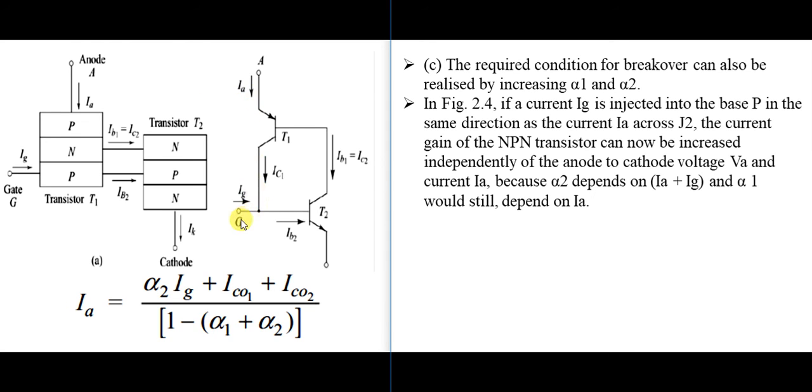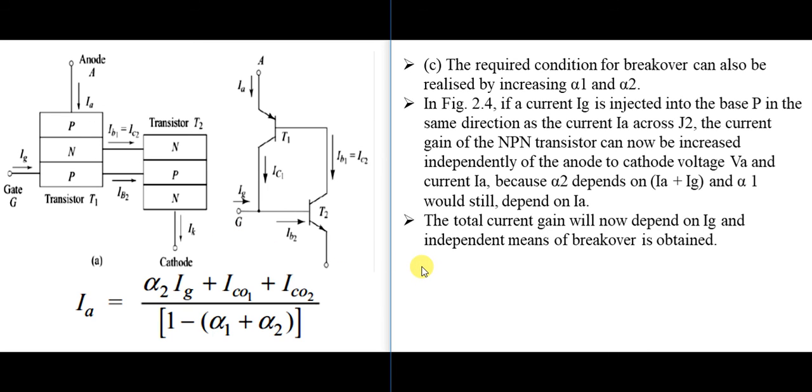We have to inject an additional gate current, means we have to apply an additional signal at this gate terminal so that the junction J2 gets forward biased, and this additional signal will lead to the turning on of the SCR. The total current gain will now depend on the value of gate current, and independent breakover is obtained.